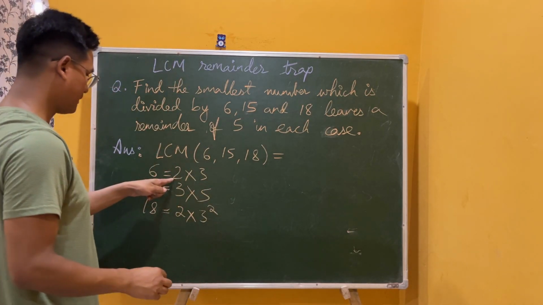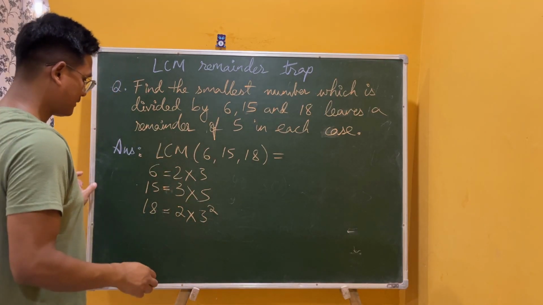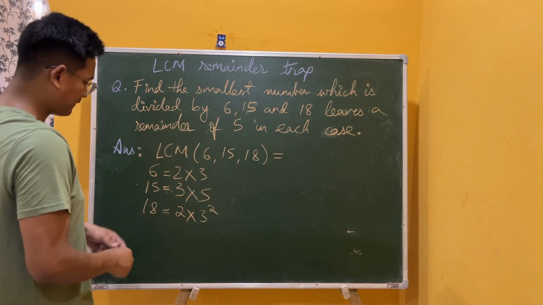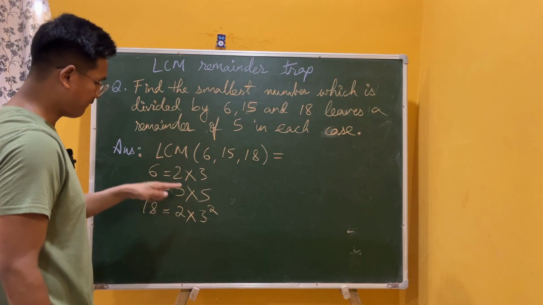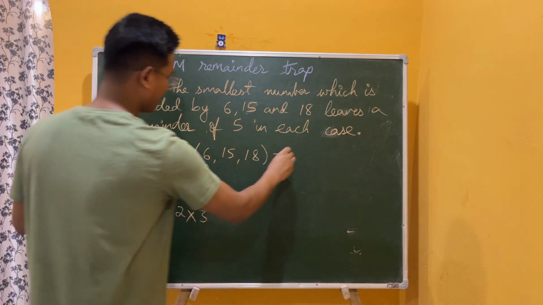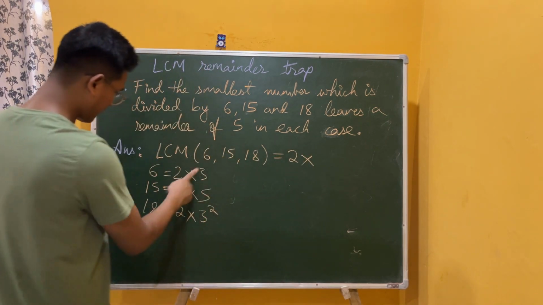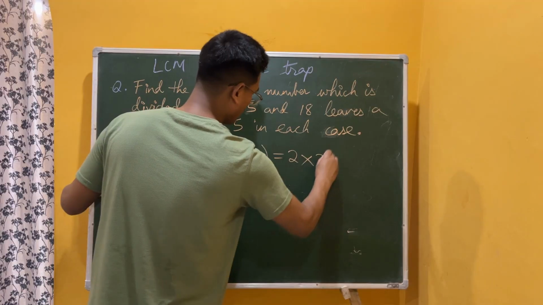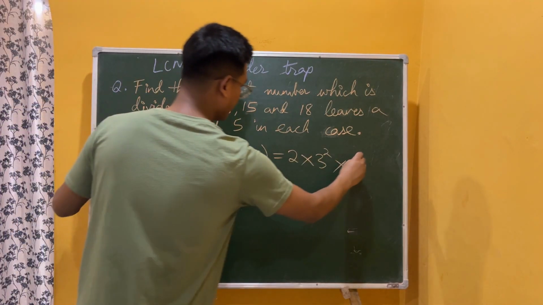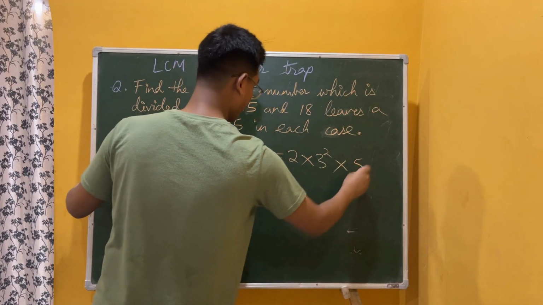So the answer is the product of the highest powers of each prime factor involved. So 2 is there, highest power of 2 is 1, highest power of 3 is 2, and highest power of 5 is 1.